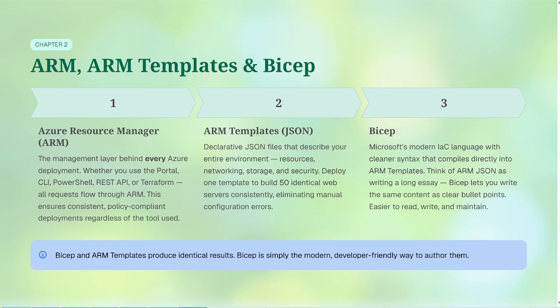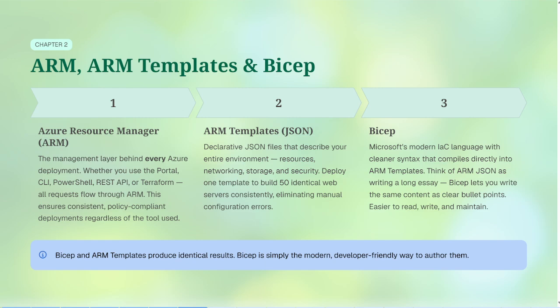The template defines the VM size, operating system, virtual network, network security group, and storage configuration. Azure Resource Manager reads the template and automatically deploys all 50 servers with the same configuration. This eliminates manual errors and ensures consistency.